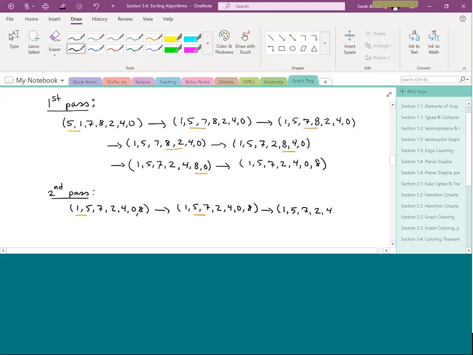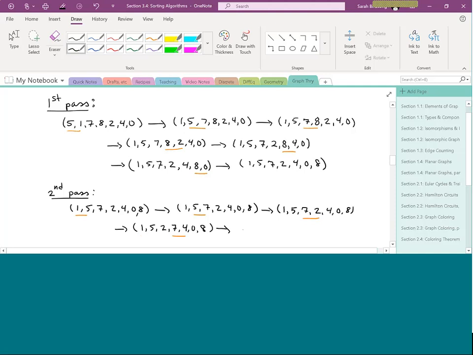And then we get down to our next two terms to compare, which would be 7 and 2. And here 7 is bigger than 2, so yes, we're going to need to go ahead and swap the 7 and the 2. So then we look at our next comparison, which would be 7 and 4.